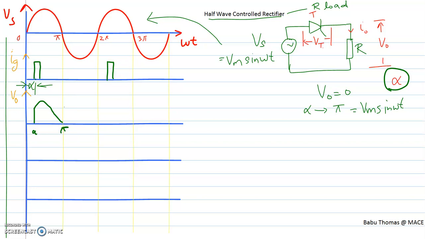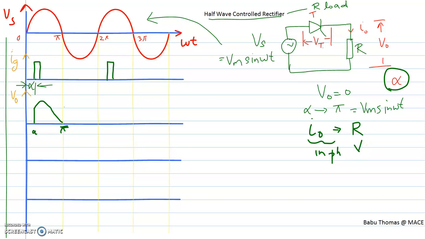At the instant pi, the system goes to the reverse biased condition, and the current here is I0, which is the current through your load resistance R. For a resistive load, I0 will always be in phase with your voltage.